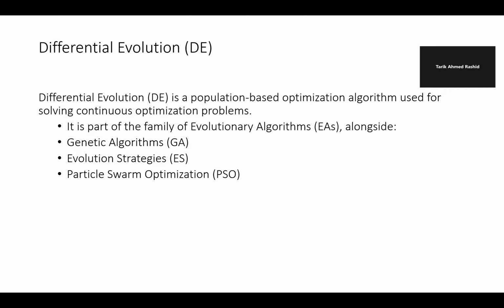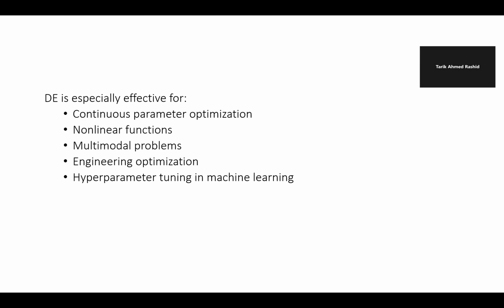This comes after genetic algorithm, evolutionary strategies, and particle swarm optimization, PSO. Now, DE is particularly effective for continuous parameter optimization, nonlinear functions, multimodal problems, engineering optimization, and hyperparameter tuning in machine learning.